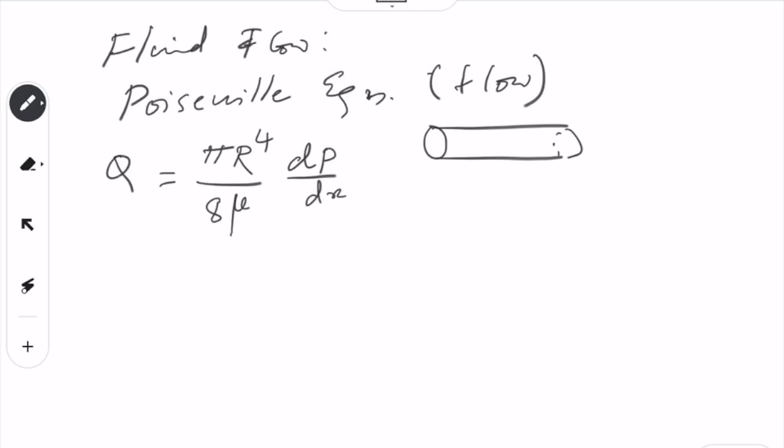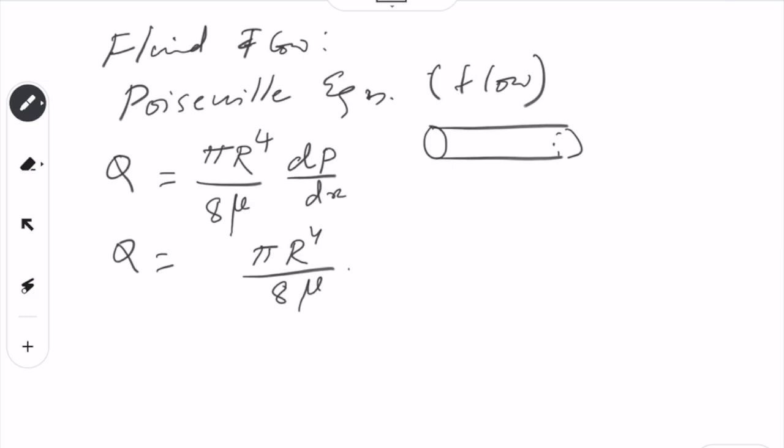So you have the dynamic viscosity mu, the radius r of the pipe, and then the pressure gradient. So we can write Q equal to pi r^4 divided by 8 mu, times the pressure gradient.